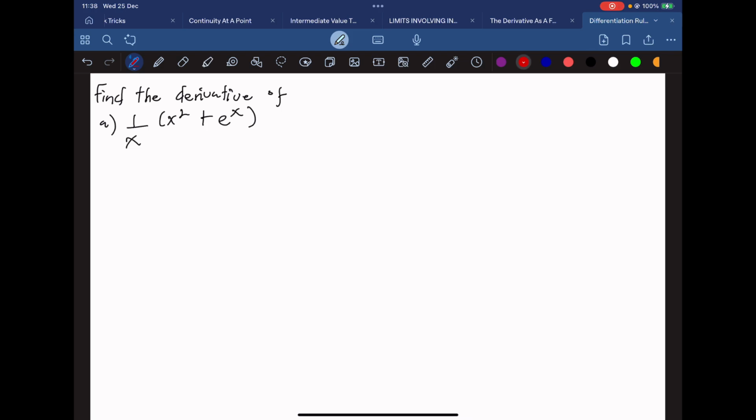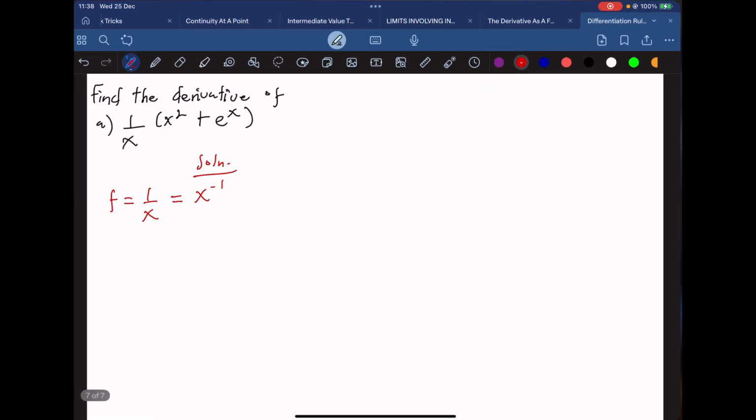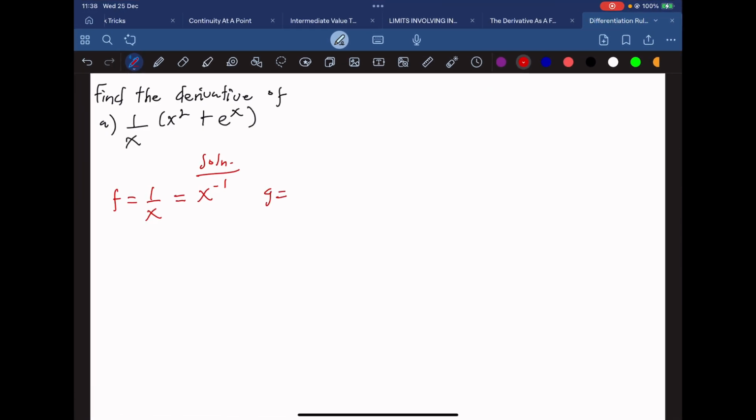In this case, we know this is our f and this second term is our g. So we can have f is equal to 1 over x, but note that 1 over x is the same as x to the power negative 1. We can also have our g is equal to x squared plus e to the x.